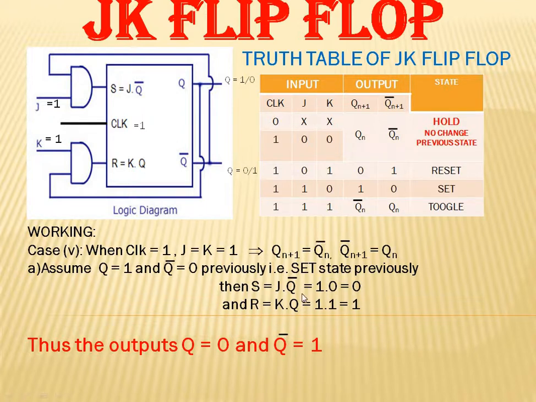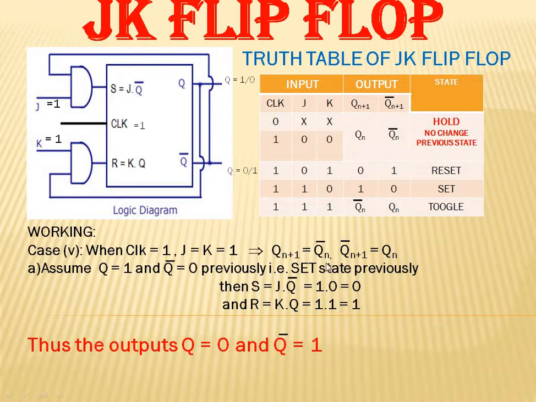Again, here we can take two conditions. Case 1, when the flip-flop is in a set state previously, that is Q is equal to 1, Q bar is equal to 0. S becomes 0, R becomes 1, which is a reset condition. So Q is equal to 0, Q bar is equal to 1.